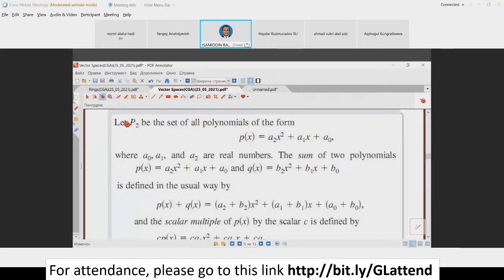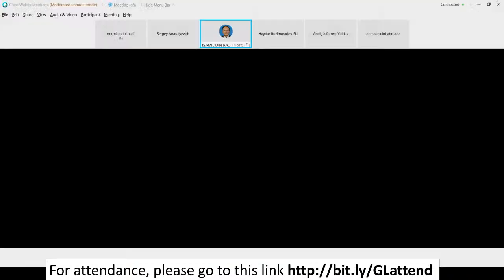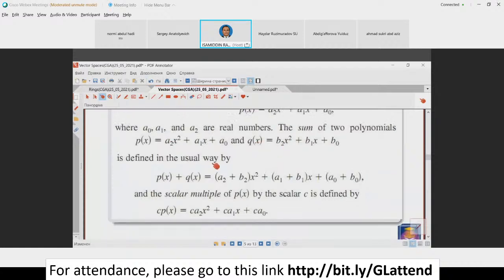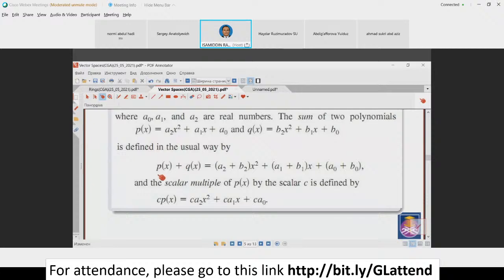So this is polynomials of this form. Even the coefficients may be 0. A2 may be 0, no problem. So sometimes they say this is polynomials of degree no more than 2, 2 or less. So if you take such two polynomials, then you can add them as follows.